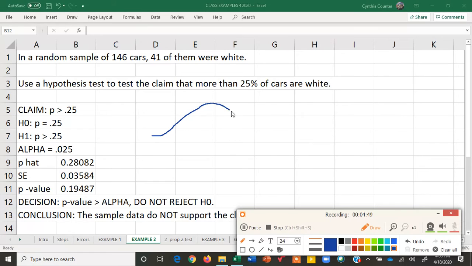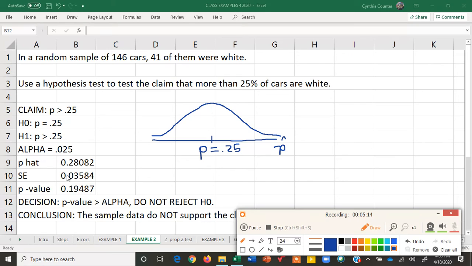So let's sketch again the probability distribution of sample proportions. And right in the middle is where we make our assumption, and this time we made our assumption that P is 0.25.